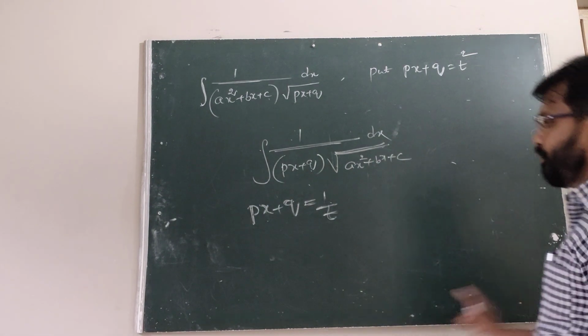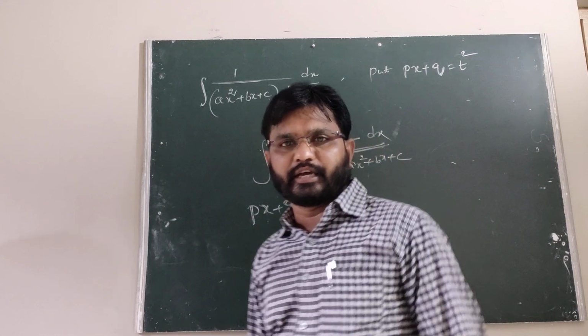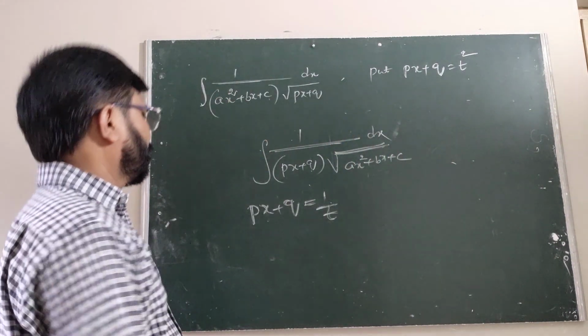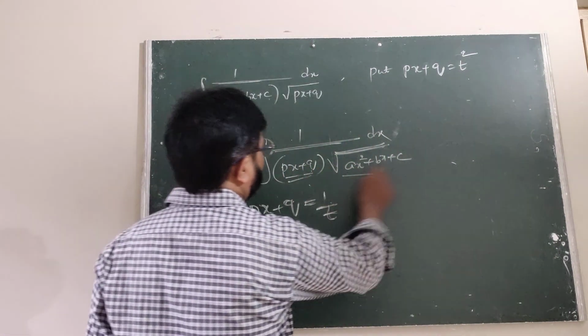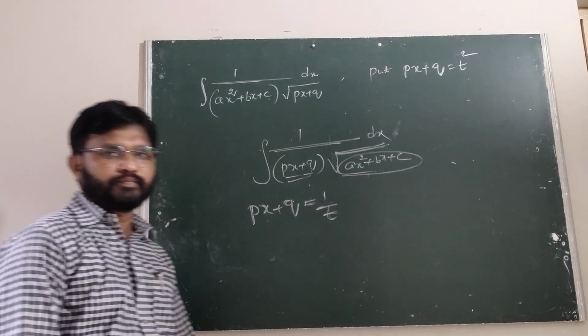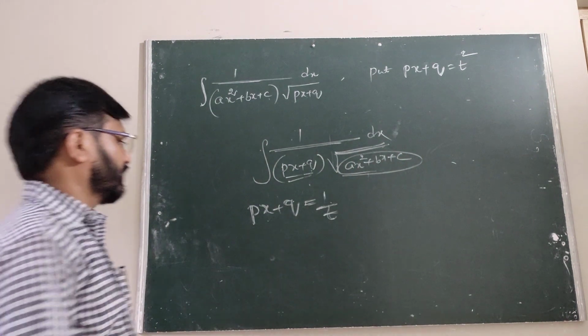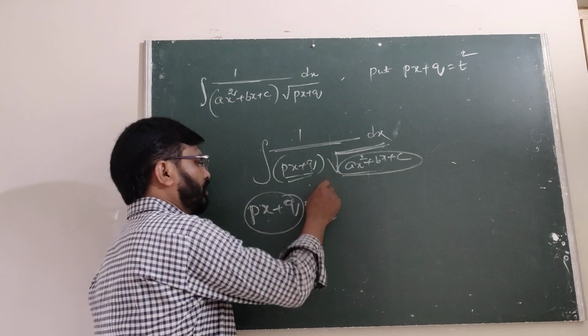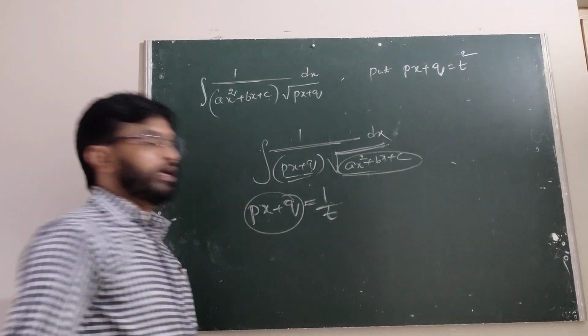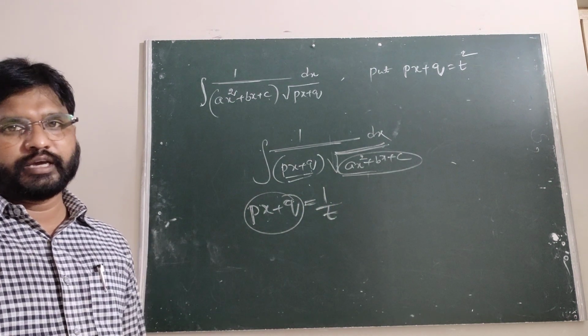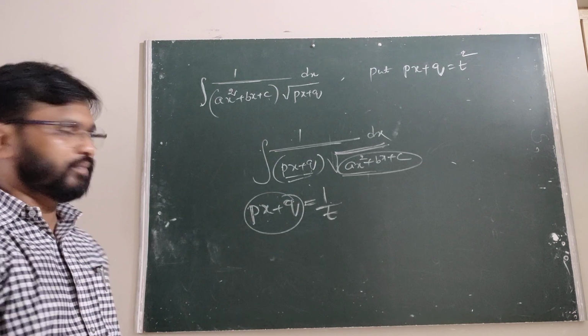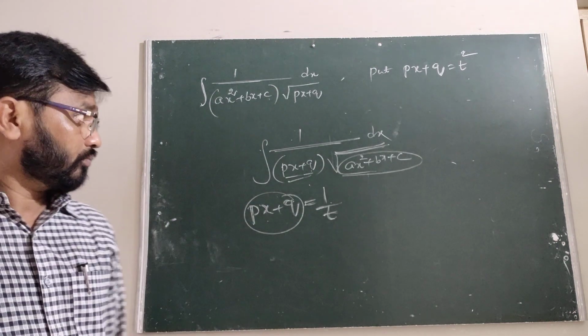Is it okay? Therefore one is linear and the under root part is a quadratic expression, so we take px plus q as 1 by t.